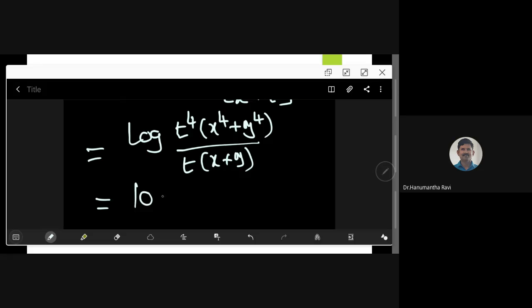so here there is a problem. You cannot say this is a homogeneous function. You cannot claim anything here.